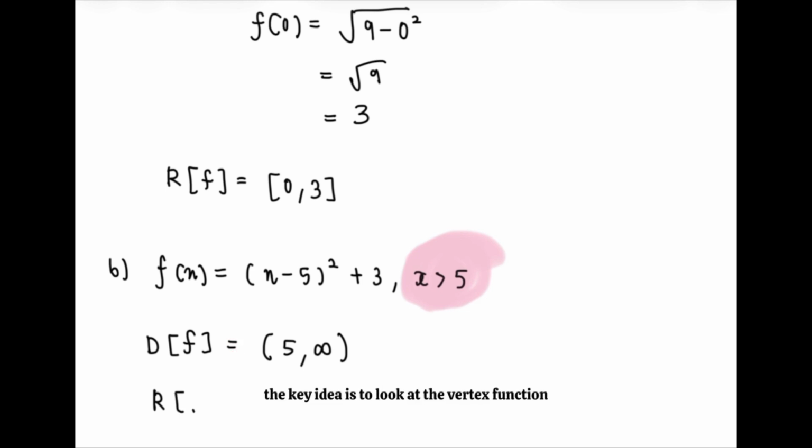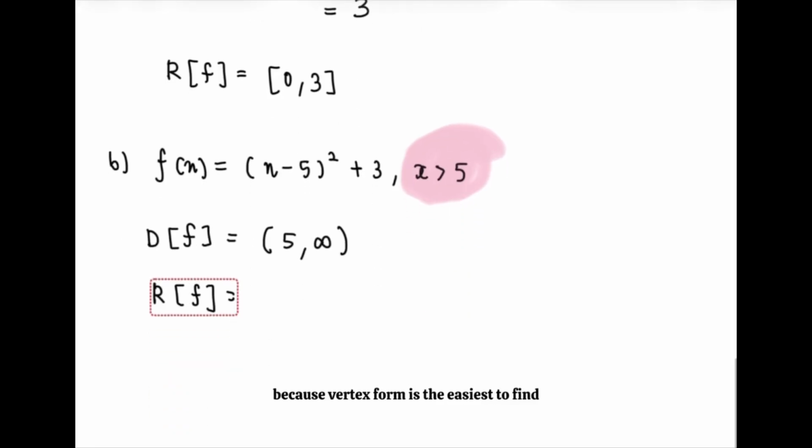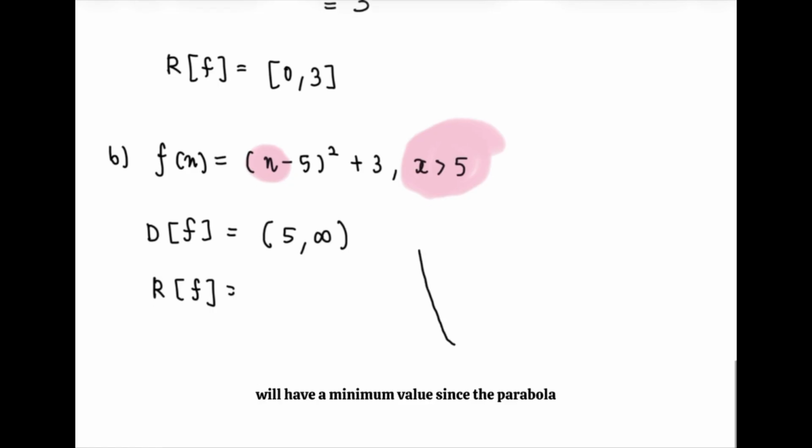Alright, so now for the range, the key idea is to look at the vertex form. Since the function is already in vertex form, we don't even need to expand it, because vertex form is the easiest way to find the domain and the range. Since the x term is positive, the vertex will have a minimum value since the parabola will open upward like this.